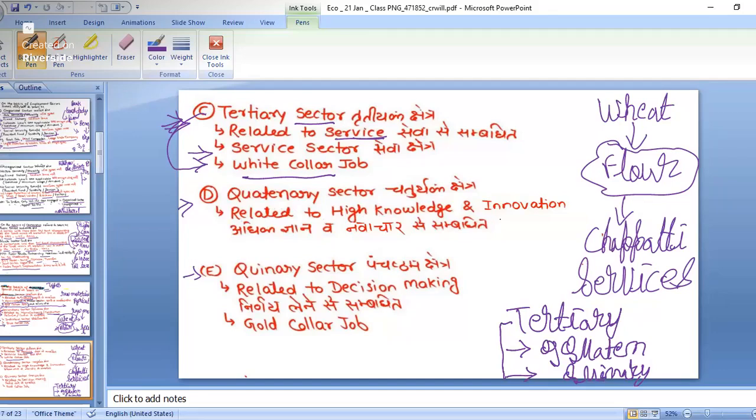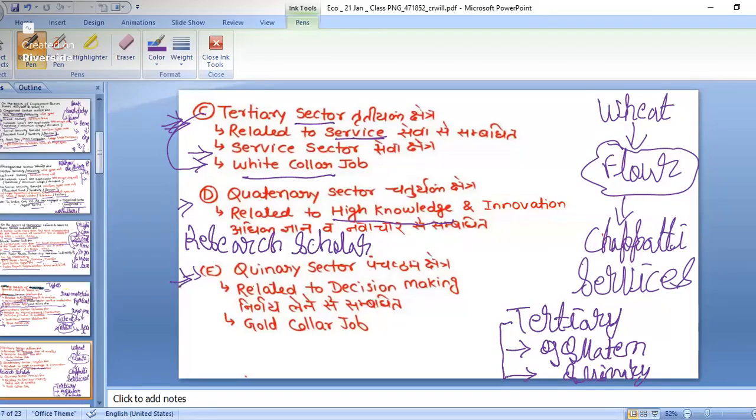It is related to high knowledge and innovation. Like research scholars, when they are pursuing a PhD, they are going for higher knowledge. So research scholar type jobs will be known as the quaternary sector.